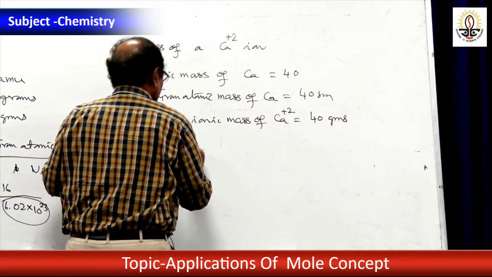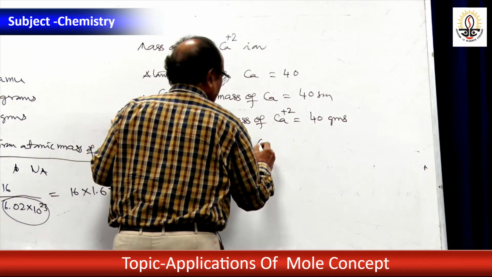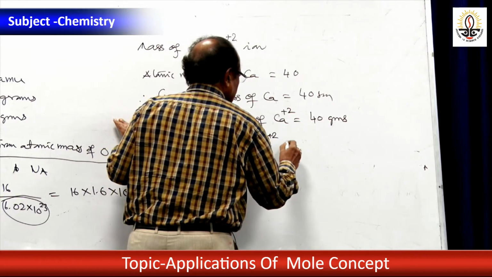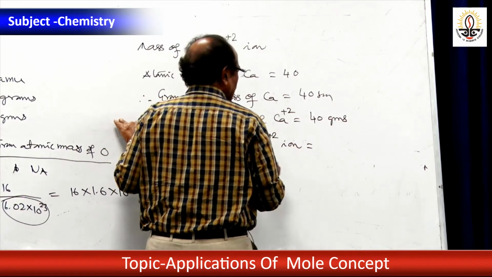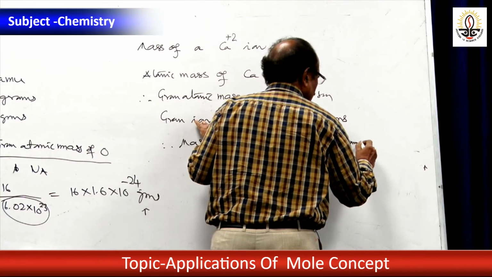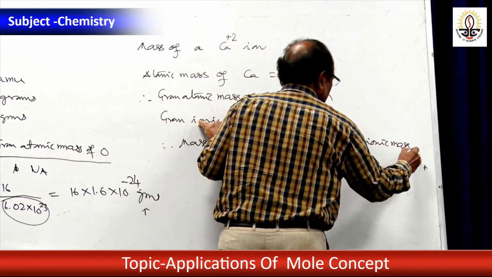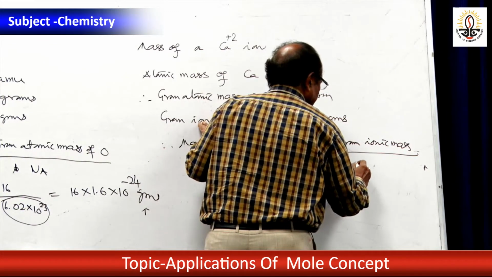Therefore, the mass of a calcium ion, Ca plus 2 ion, will be what? The gram ionic mass by Avogadro number, I have written the formula.